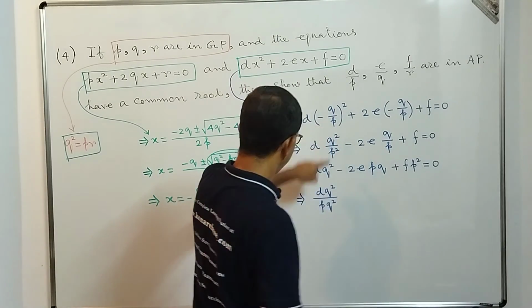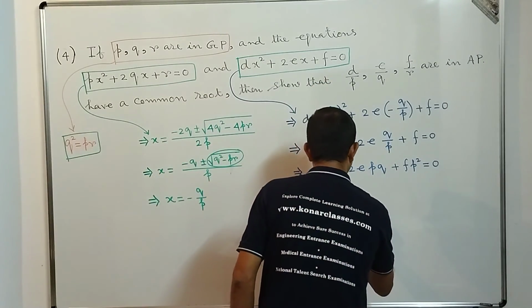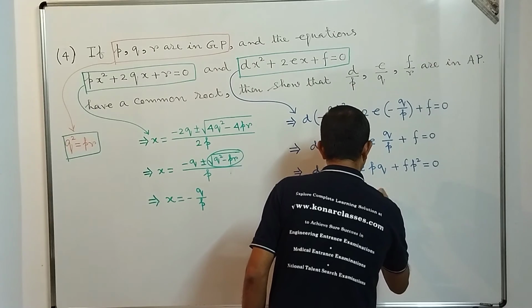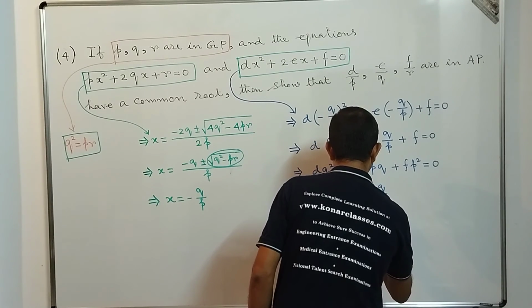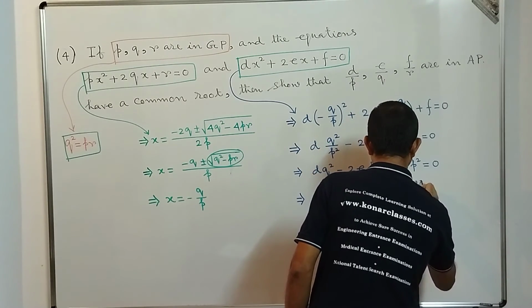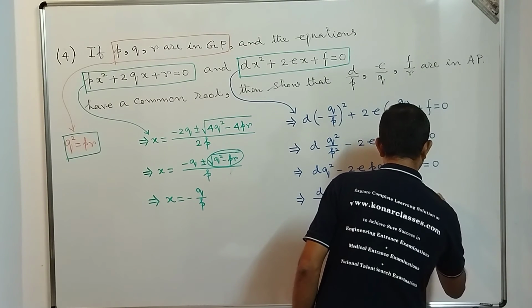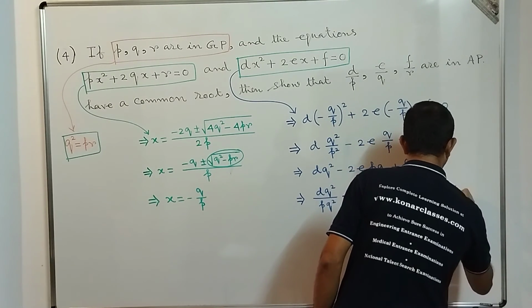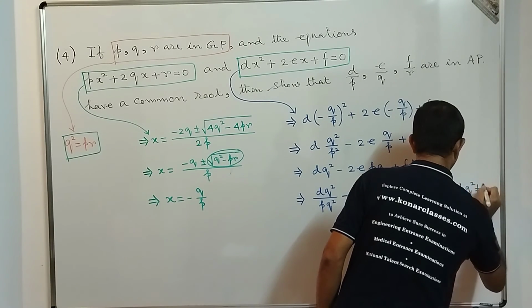That q square gets cancelled, so we get d by p, minus 2 into e into p into q divided by p into q square, plus f into p square divided by p into q square, that is equal to 0, since p into q square is not equal to 0.